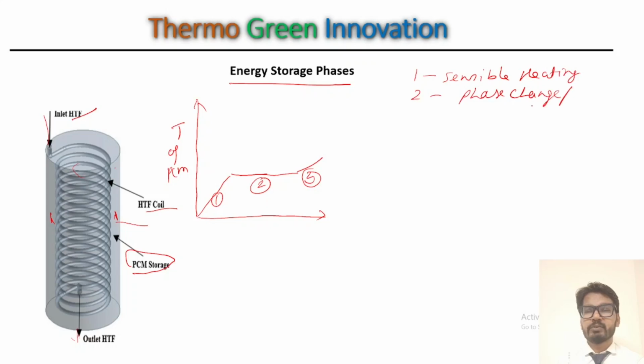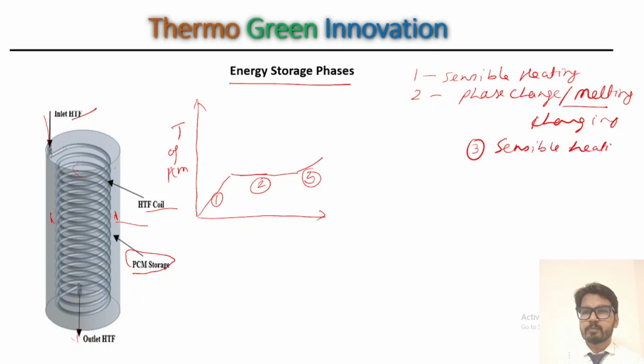When we are using a solid PCM at ambient temperature for hot storage, it would be melting. Step 3 is again sensible heating post melting. So these are the basic energy storage phases in thermal energy storage.